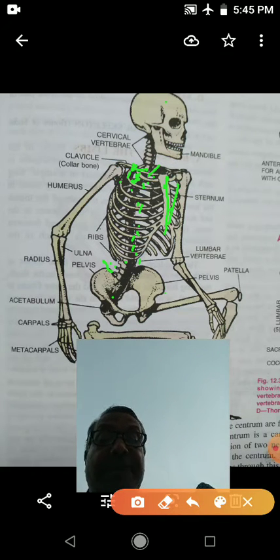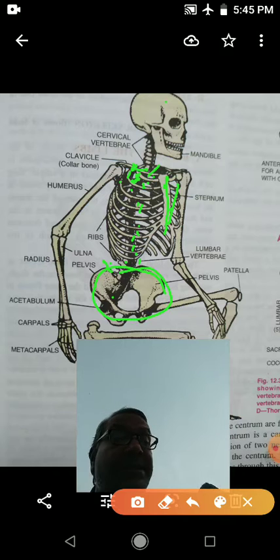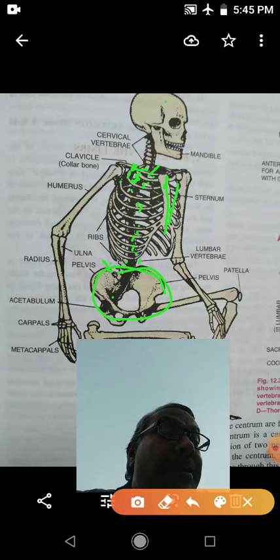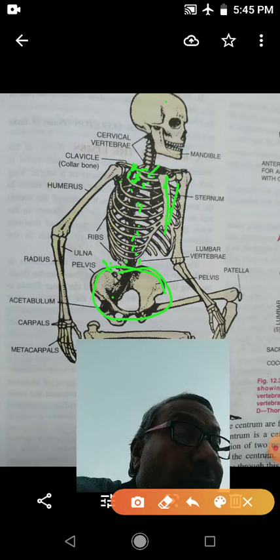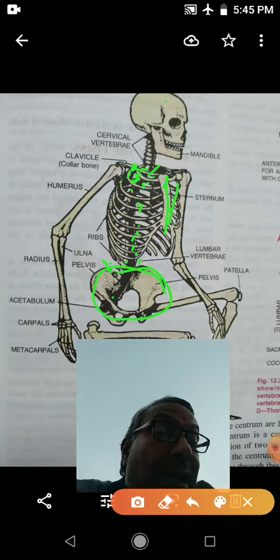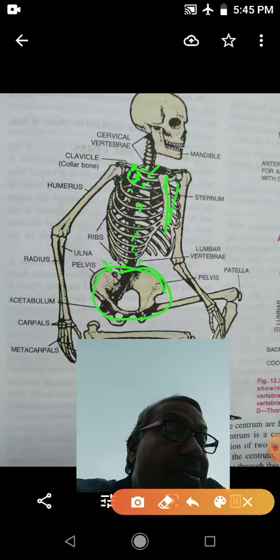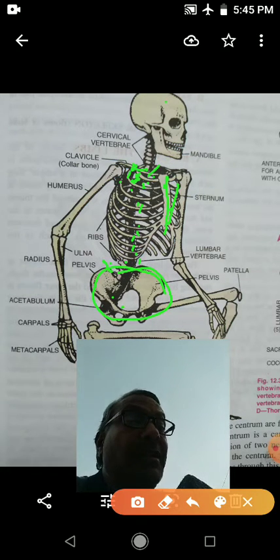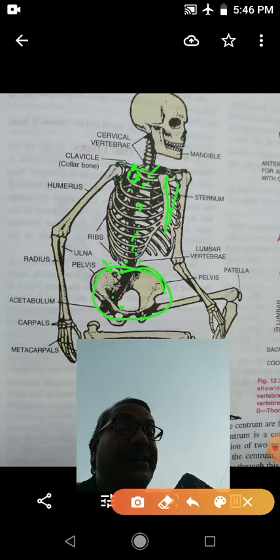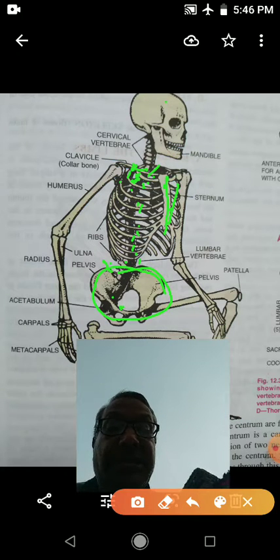Like this, hip girdle. This portion is the hip girdle, and hip girdle or pelvic girdle consists of large trough shaped bones. So there are 2 hip bones. They are joined to the sacrum. Each hip bone is made up of 3 bones: ilium, ischium and pubis.